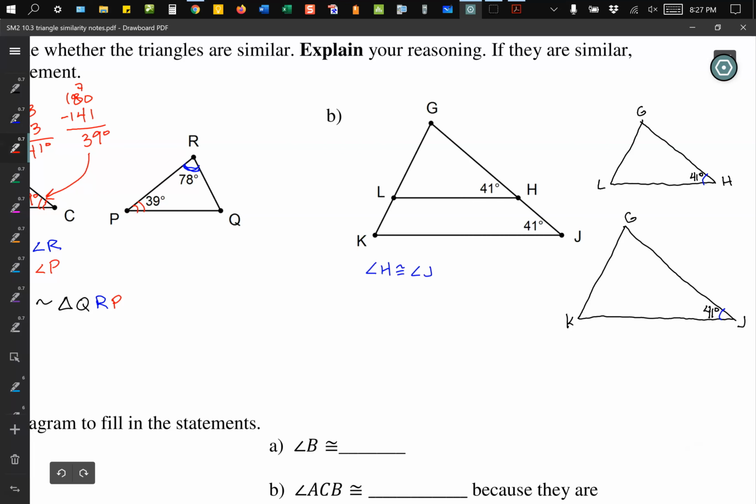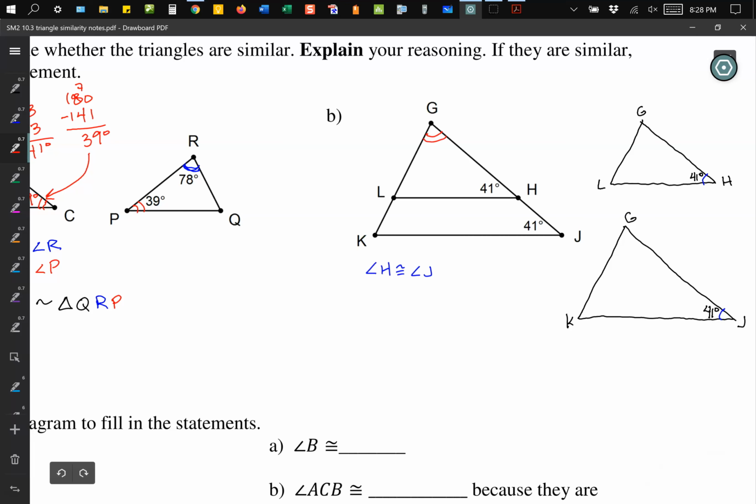But in order to have similar triangles, I need to have a second set of congruent angles. So as I look at these two triangles, I have to think, well, are there any other angles that are the same in both triangles? And it may not be completely obvious until you think, oh, wait a second.